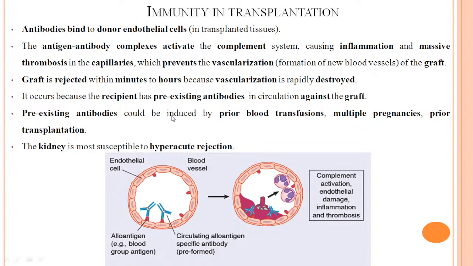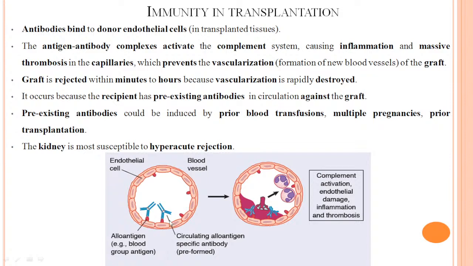So let's look at this diagram and this picture. We can see a blood vessel with endothelial cells. When we transplant an organ or tissue in the recipient, antibodies bind to endothelial cells because there are antigens, blood group antigens, here.